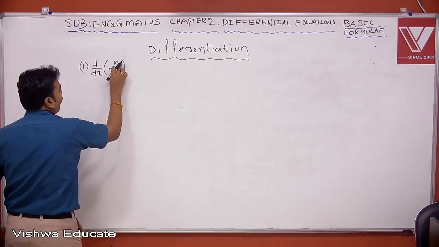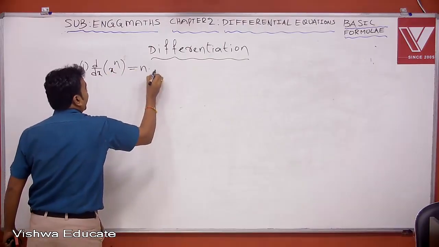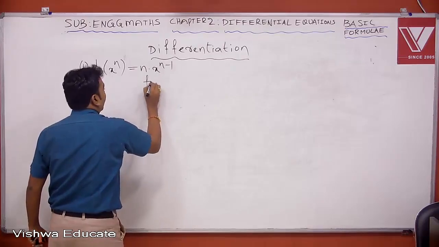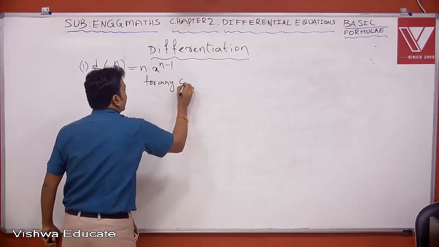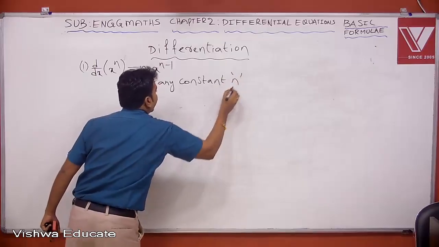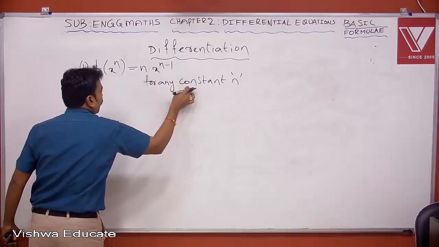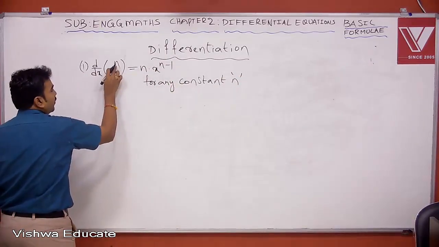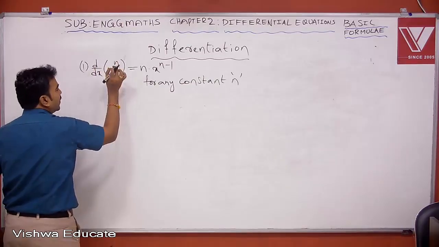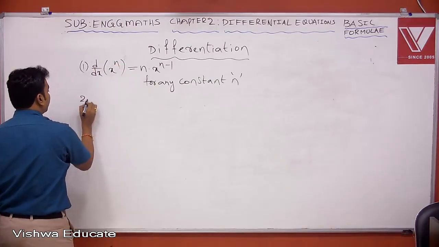Here x is the variable, n is a constant. This is n times x power n minus 1 for any constant. So the derivative of x power n is n into x power n minus 1 for any constant n. You can write any value of n, integer value, fractional value, any number. It must be some real number.